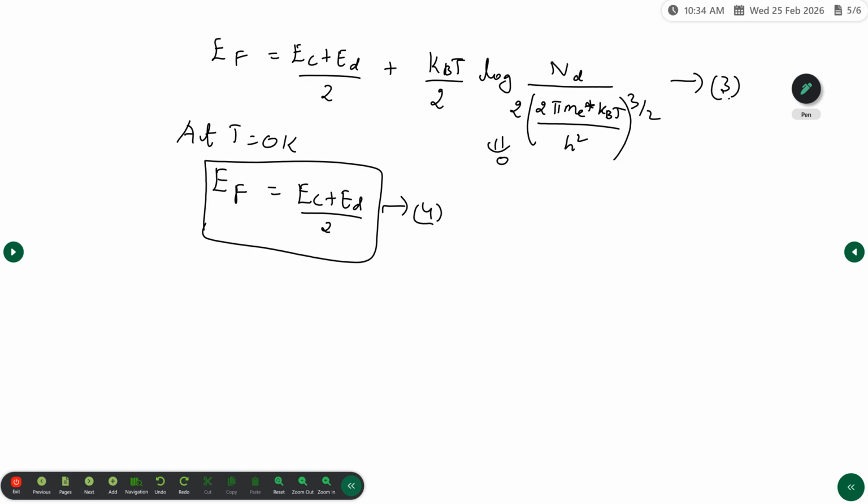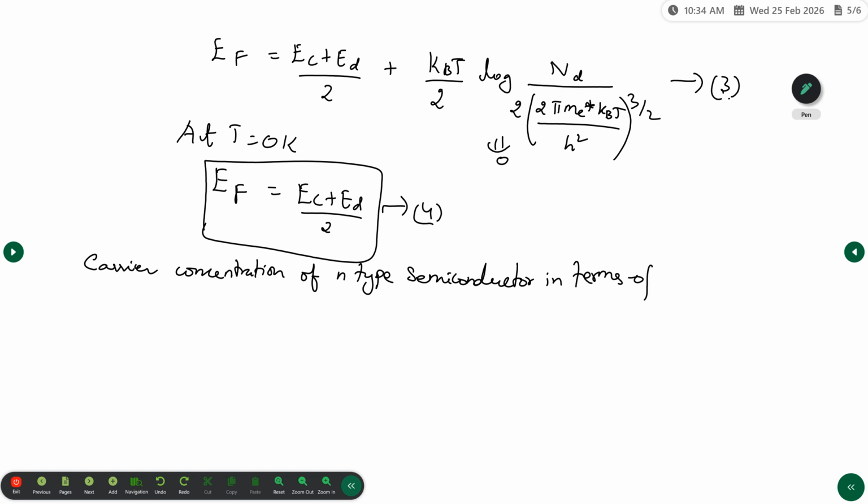So we have found the value up to EF, the Fermi energy, right? Now put the next subheading as the carrier concentration of N-type semiconductor in terms of ND.